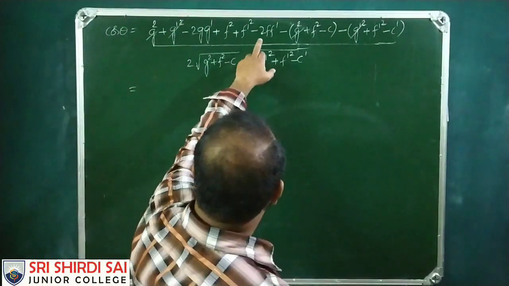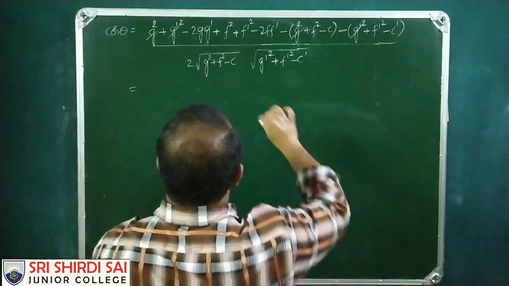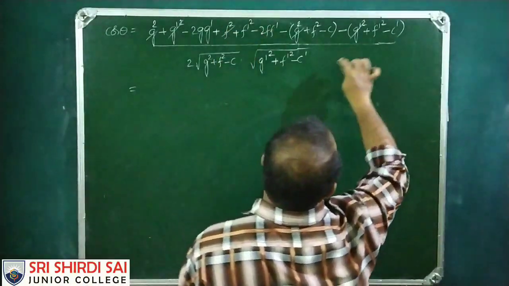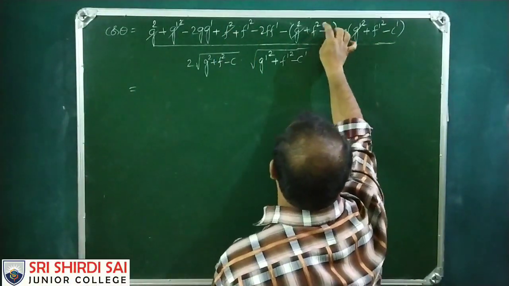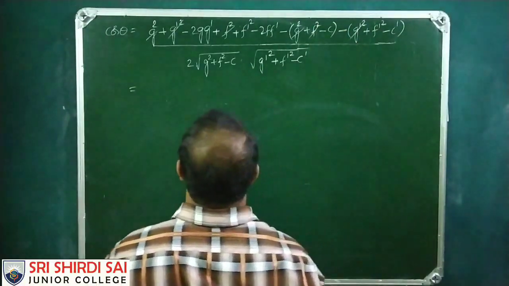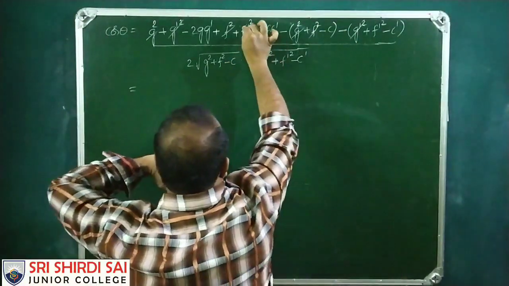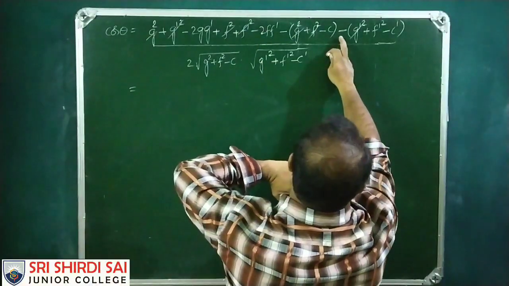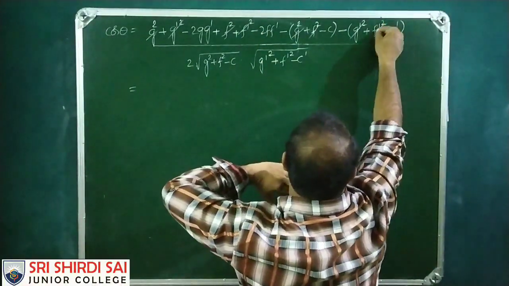Plus f square and minus f square get cancelled. Similarly, f dash square and minus f dash square get cancelled.